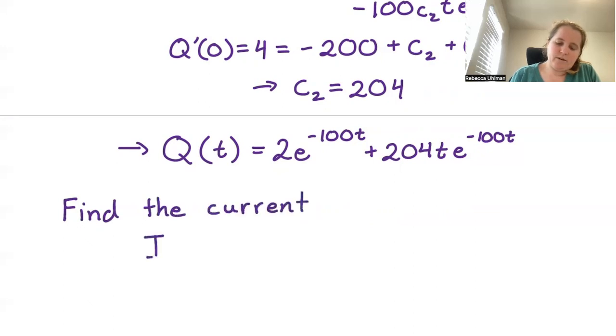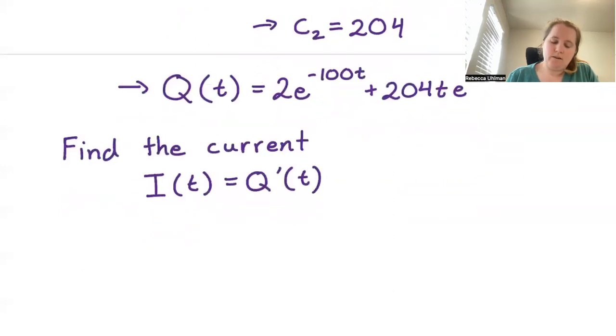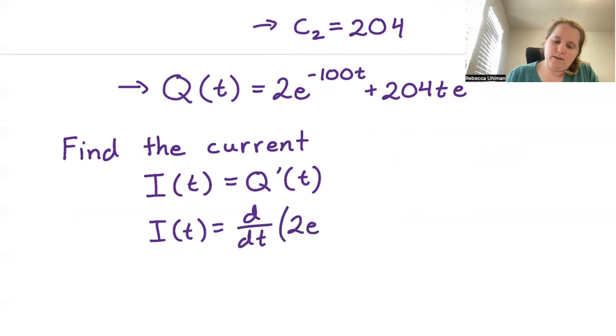We know that the current I of t is just Q prime of t. So we have I of t is just the derivative of 2e to the negative 100t plus 204t e to the negative 100t.